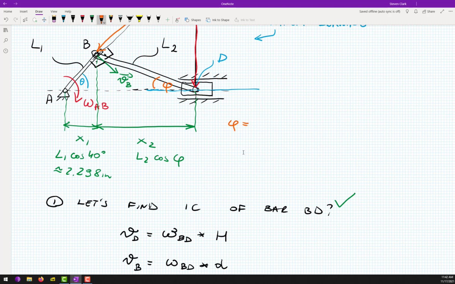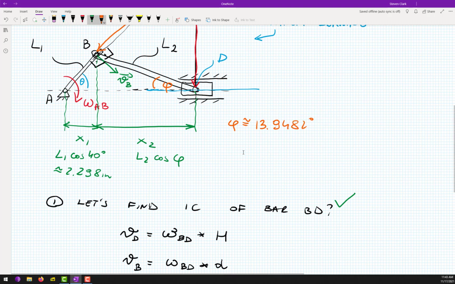On Friday, we found that it was approximately 13.9482 degrees.